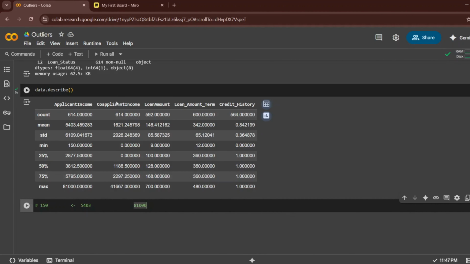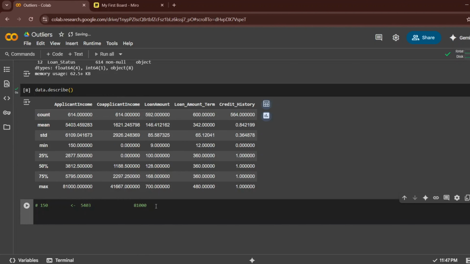We can also see the same thing happening in this co-applicant income column. Here you will see that the minimum value is 0, the maximum value is 41,667, and the mean value is just 1621.